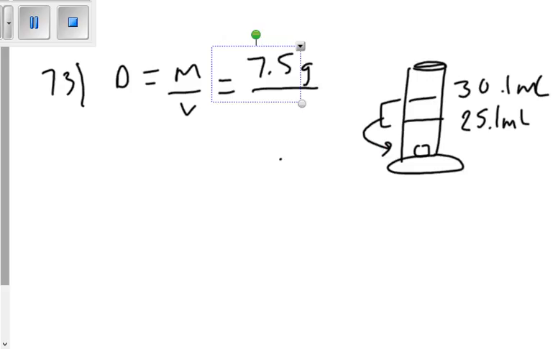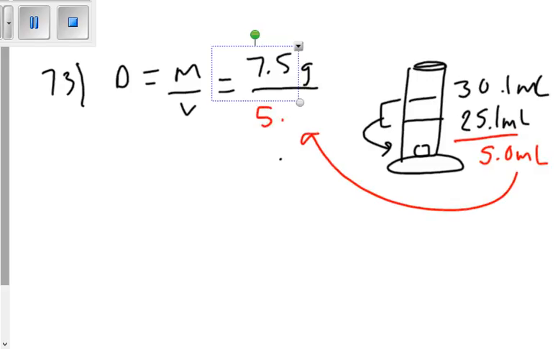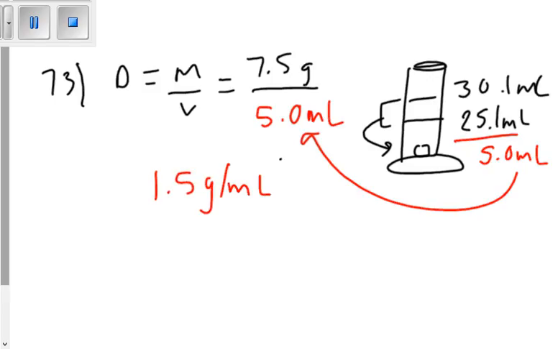So we can just take the difference in that volume, and that's going to be 5 milliliters, and then plug that back into our equation over here. So 7.5 grams divided by 5 milliliters should give you 1.5 grams per milliliter for the density.